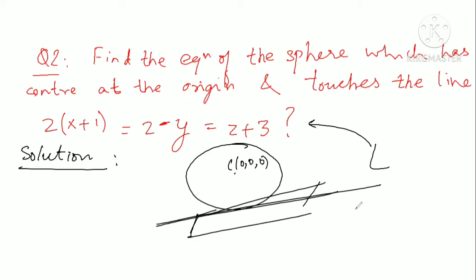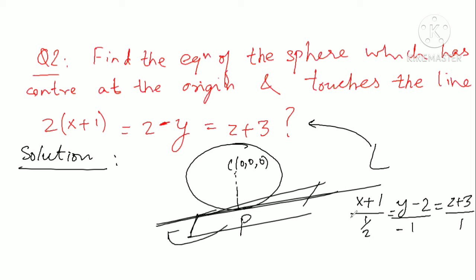So in this case, we can write the equation of the line like this: x plus 1 upon half is equal to y minus 2 upon minus 1 is equal to z plus 3 upon 1. Suppose the point at which the sphere is touching the line is P. So we can write the coordinates of that point in terms of lambda.